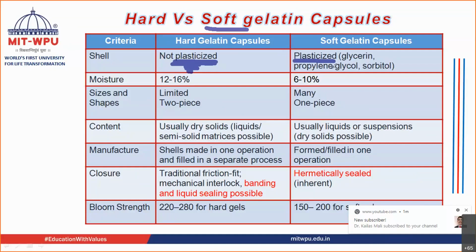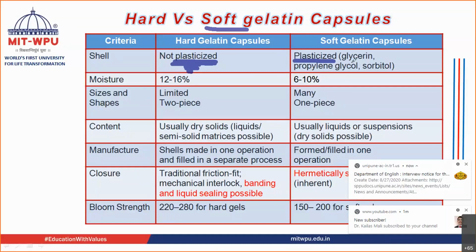Plasticizer, if you remember, we have studied in coating. For example, glycerol, propylene glycol, sorbitol. I told you at that time, all that end with "ol" can be used as plasticizers. Glycerin means glycerol. So glycerol, propylene glycol, polyethylene glycol, sorbitol.